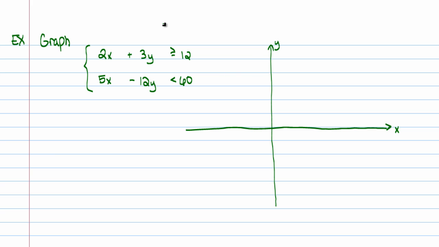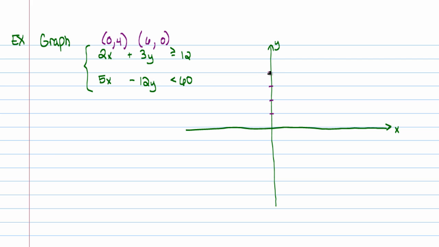For this first inequality, when x is 0, y is going to be 4. And when y is 0, x is going to be 6. So I'll go ahead and plot those 2 points down. X is 0, y is 1, 2, 3, 4. Maybe I want my scale to be a little bit different, but that'll be for my x-axis, so that's still fine.